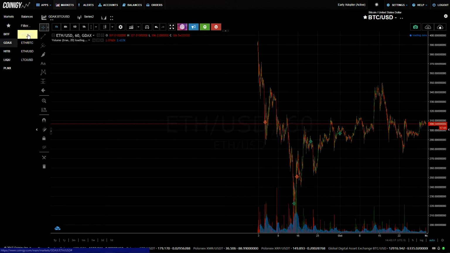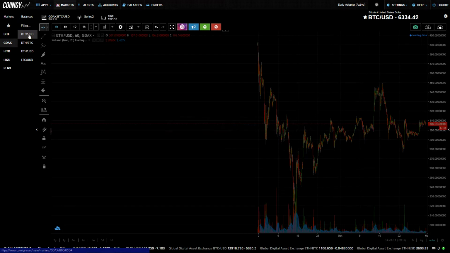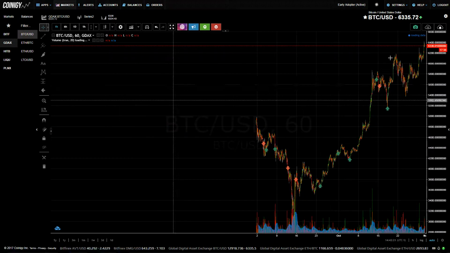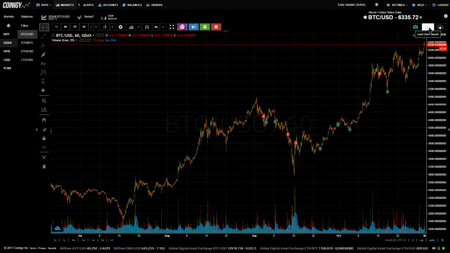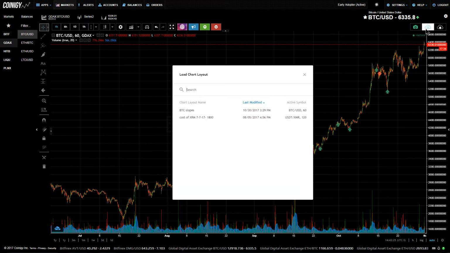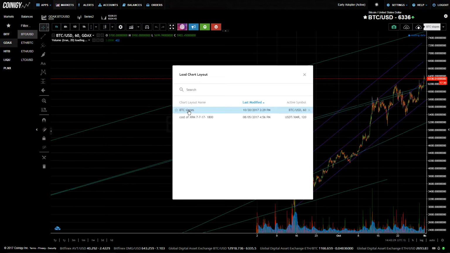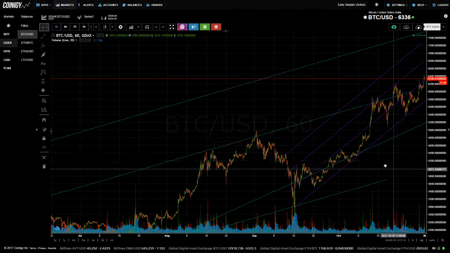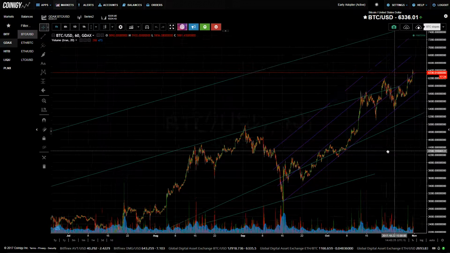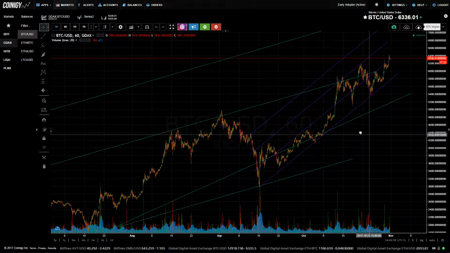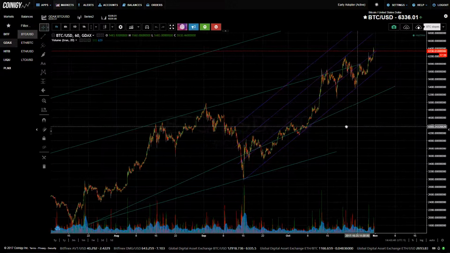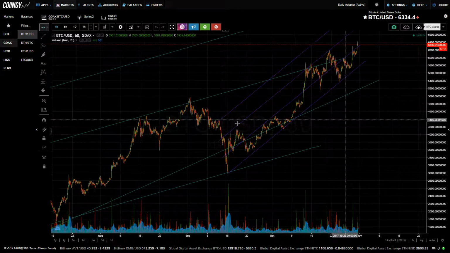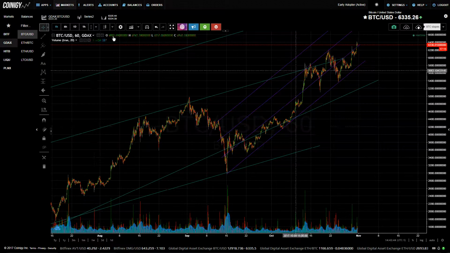All right, I'm going to go to my Bitcoin to USD. Let it load. And I'm going to go to my slopes that I've done on the Bitcoin USD. So the last time I did this, I just had these blue lines in.